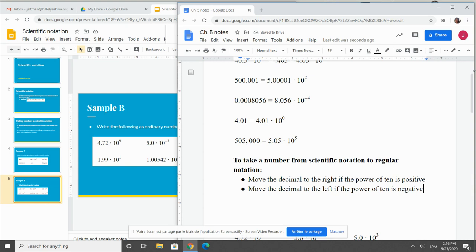So I'm writing this down, but for a lot of you, you won't really need it. You're just going to move the decimal to the right if the power of 10 is positive, and then to the left if the power of 10 is negative.